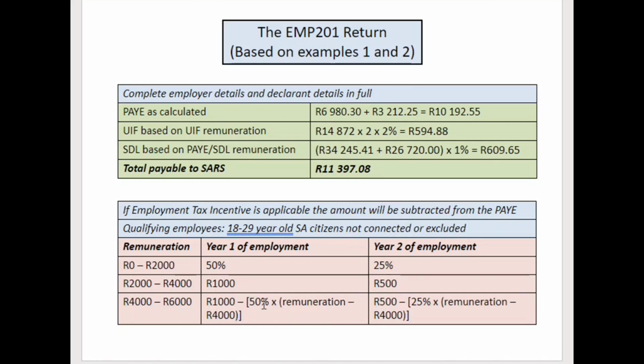Let me explain. If it's 5,000, you will say, I'm now going to pay 1,000 minus 50% multiplied by the 5,000 minus the 4,000, which was the ceiling, which will give me 500 Rand. So if you earn 5,000 Rand, then the employer is only going to claim back 500 Rand. So the principle is this: anything between 2,000 and 4,000, the employer claims back 1,000. Anything less or more, the employer claims a little less.